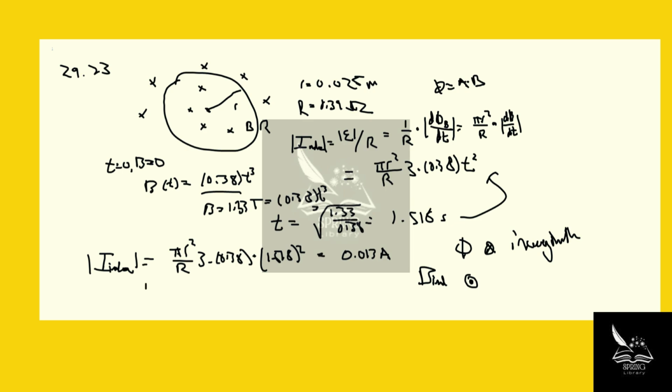So now using the right-hand rule, we got to figure out what current, clockwise or counterclockwise, produces a B field out of the page. And if you use the right-hand rule, you'll see that that is counterclockwise. So this is our magnitude and direction of our induced current.